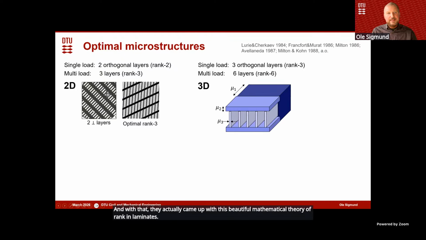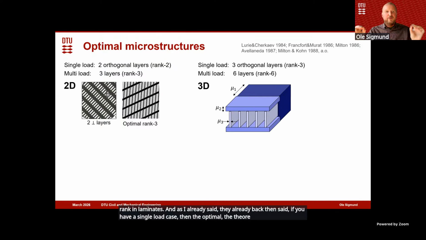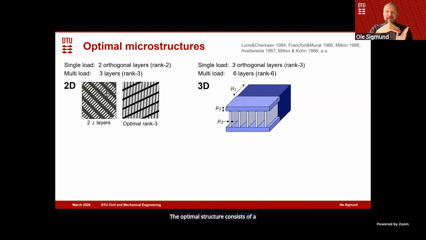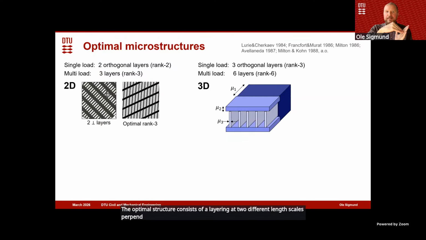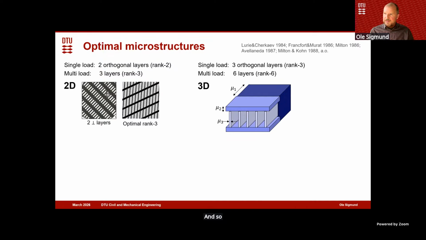And as I already said, they already back then said, if you have a single load case, then the theoretical optimum, you cannot do it better. The optimum structure consists of a layering at 2 different length scales, perpendicularly oriented in the direction of the principal stresses, and with lamination thicknesses corresponding to the principal stress absolute values. And so that's for the single load case.